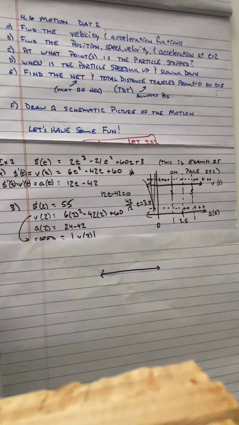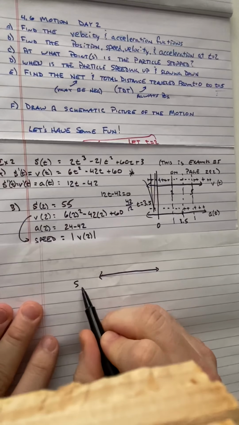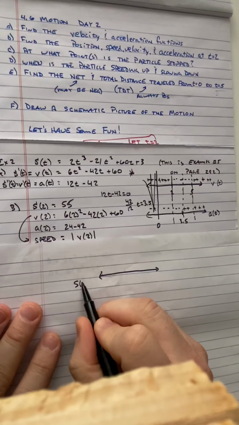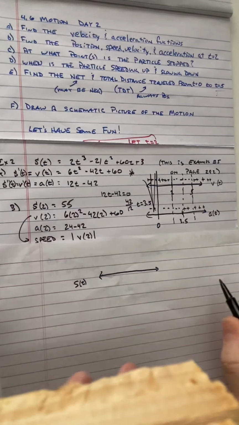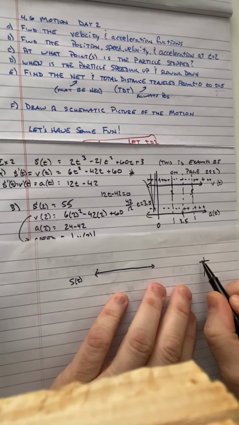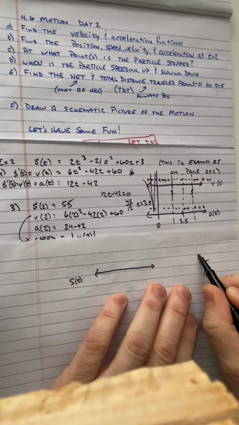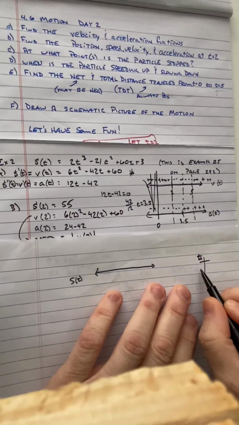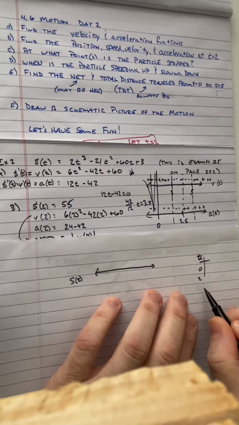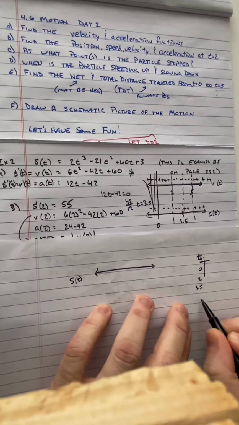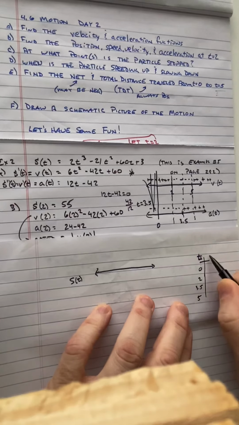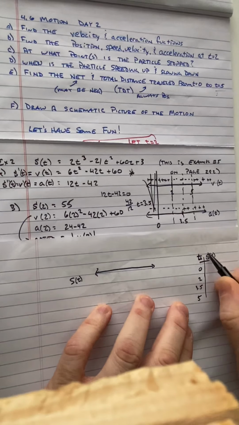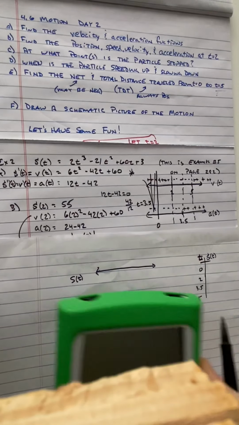That's why I put it into my calculator. So for this position function, let's find the values of S of, when I throw this in for t, 0, 2, 3.5, and 5. The position at each one of these points is on my table.